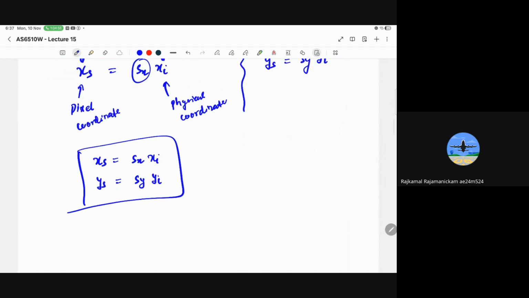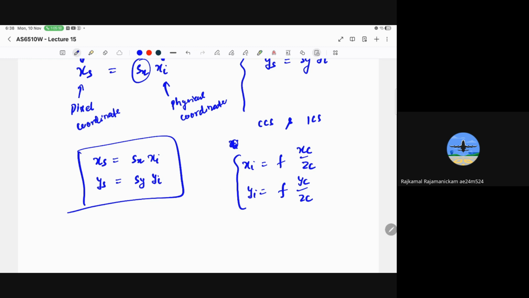And we already have a relation between the camera coordinate system and the image coordinate system. This was xi equal to f xc upon zc, and yi equal to f yc upon zc.